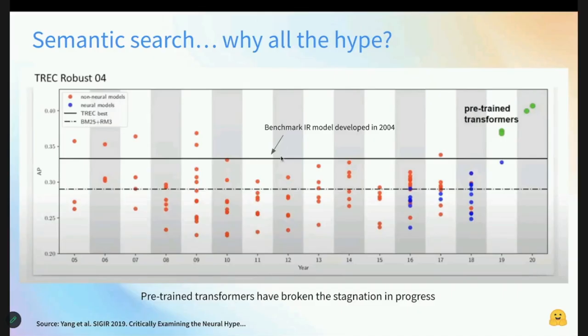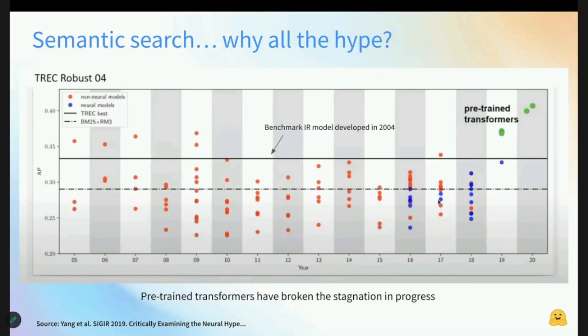This dark line here represents a benchmark model that was developed back in 2004. And you'll see that since 2004, there are all these non-neural methods, all these red dots. And then even getting into 2016, 2018, a few neural-based methods, so dense learned methods, that even over this span of 10, 15 years haven't done much better than this initial method developed back in 2004.